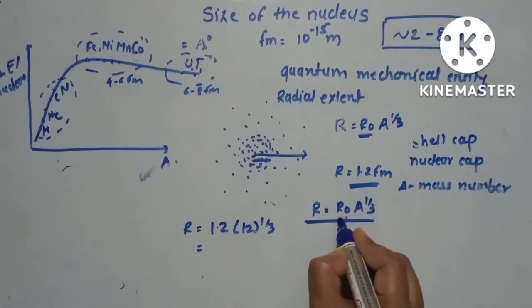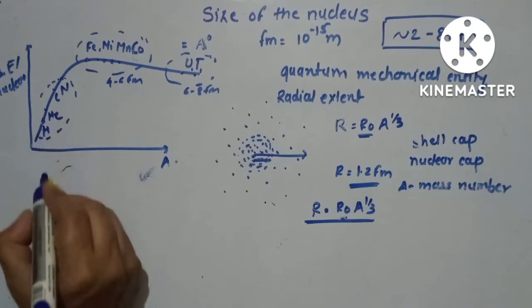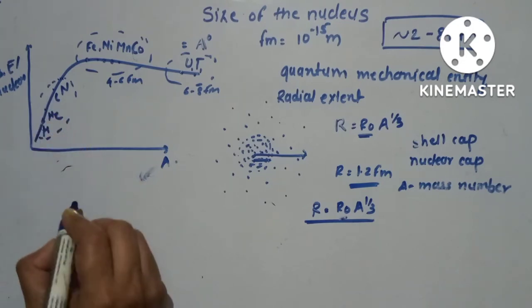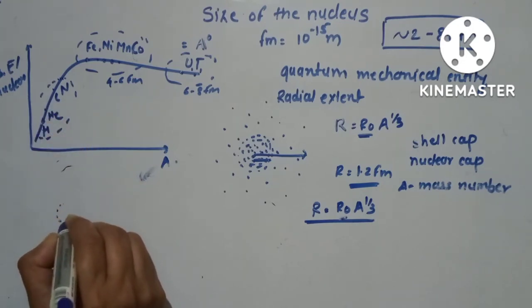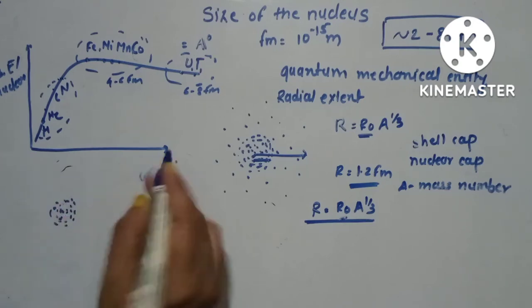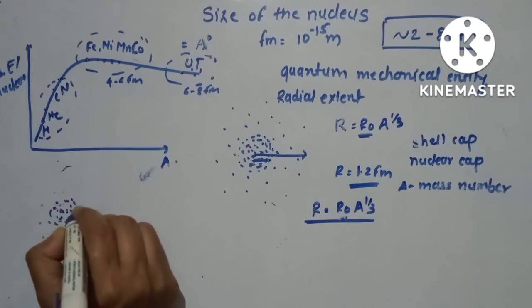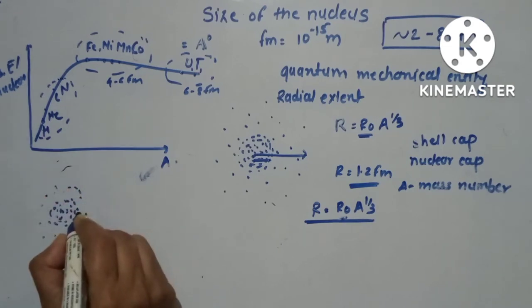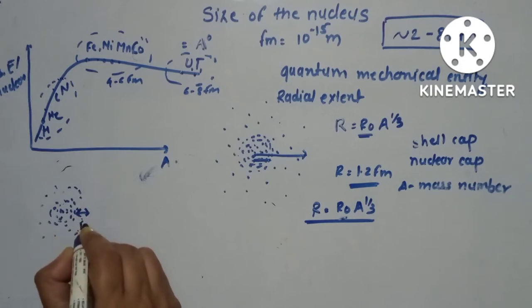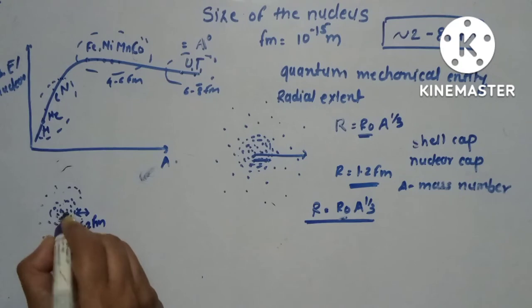Now, why is this R naught fixed here? Suppose I take carbon. This is an imaginary picture of the carbon nucleus. This shell cap is 1.2 femtometers, and it remains constant.